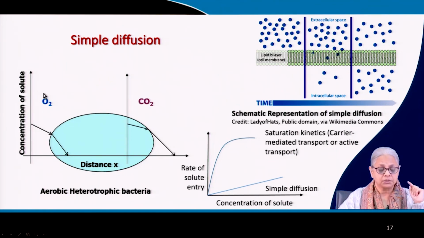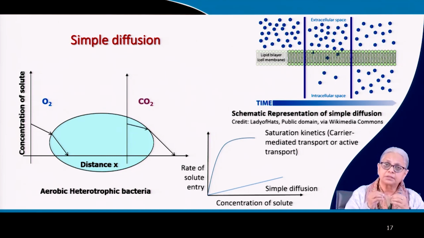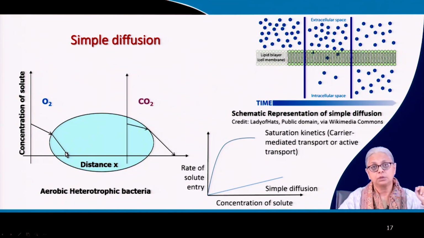Oxygen, on the other hand, we know that the oxygen level in the water is generally higher, because the bacteria is utilizing oxygen, so the oxygen inside the cytoplasm is going to be less than the oxygen in the water. That DO, the dissolved oxygen in the water, is a source of oxygen for the cell. As long as the concentration outside is higher than the concentration inside, Fick's law will be the operational principle, so it will diffuse into the cell.